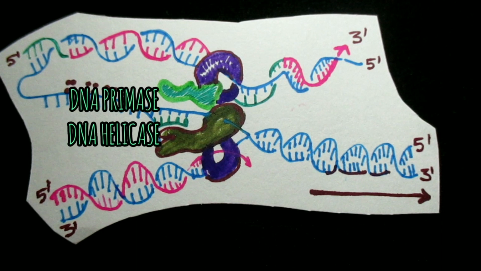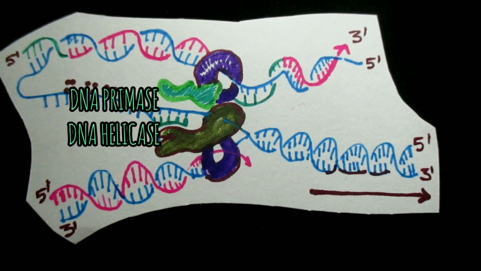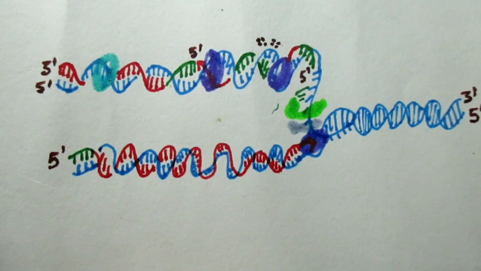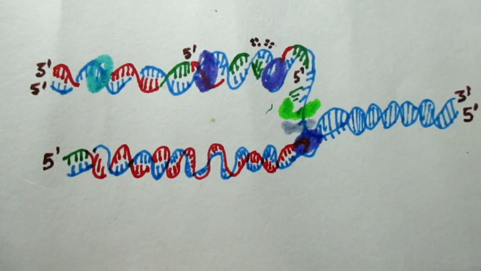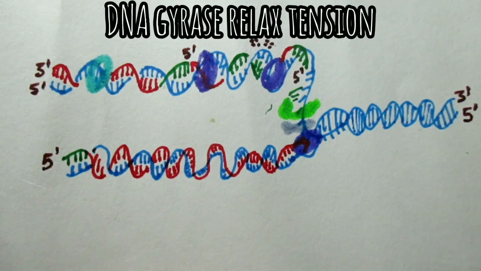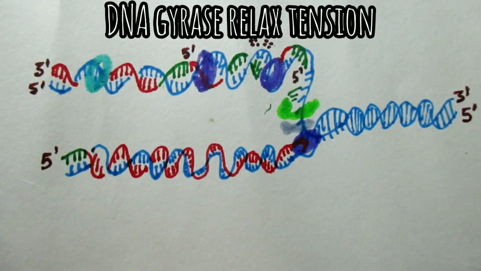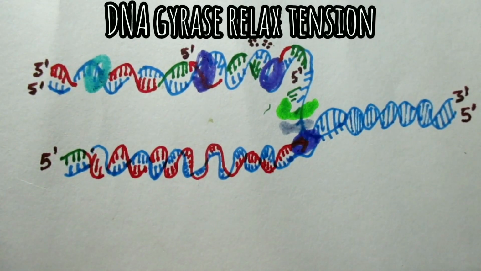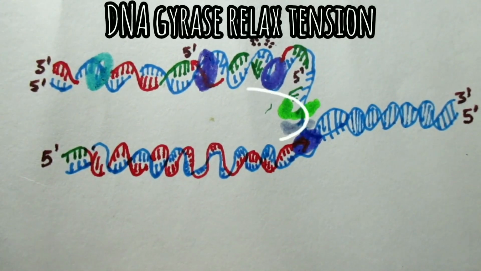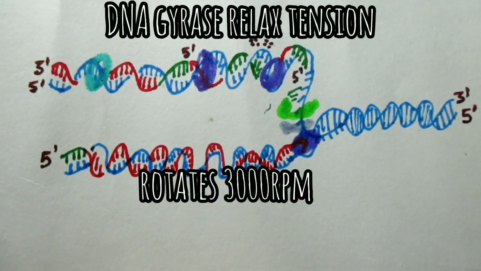DNA gyrase is an enzyme of the class DNA topoisomerase. I also made a video regarding this. Please watch. So moving forward to the DNA replication procedure, DNA gyrase relaxes the tension produced in the DNA ahead of the replication fork, and this tension is considerable because the replication fork rotates at about 3000 rpm.